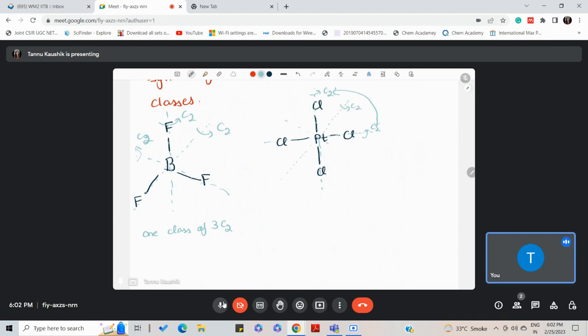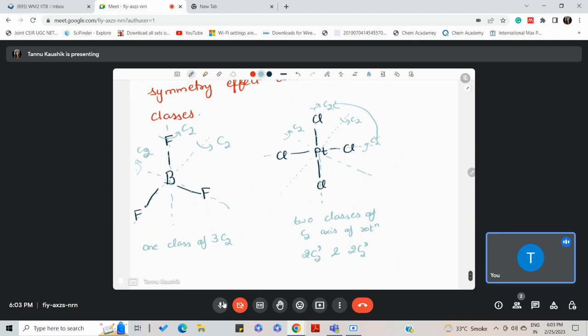This is also a C2 axis of rotation, and there are two of it. So here we will have two types of C2 axis of rotation. Therefore, we will have two classes of C2 axis of rotation, which we will write as 2C2' and 2C2''.